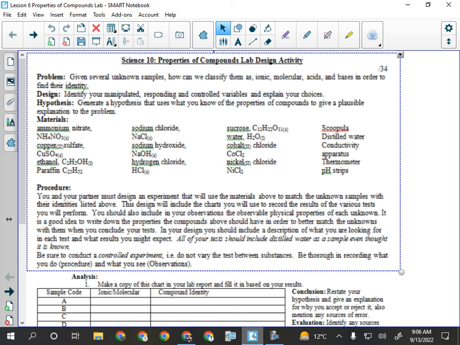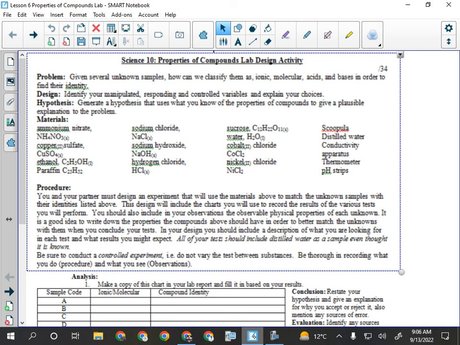And then you need 3 controlled variables. Those are the variables that have to stay the same throughout the experiment so that they don't interfere with your results. Identify, explain how they're being controlled, and why they're being controlled. Okay, so this is a big section of the lab report, and it's worth 5 marks out of 35.